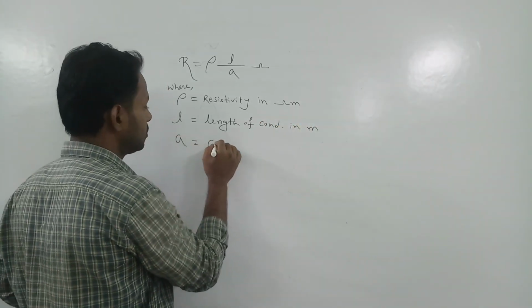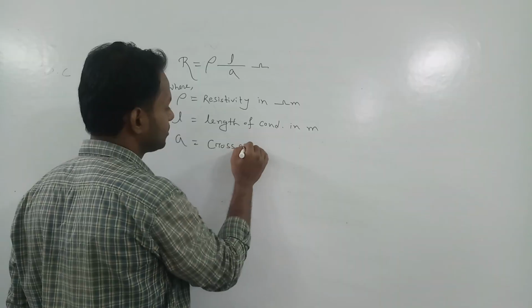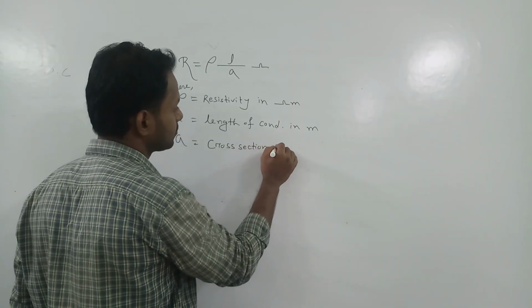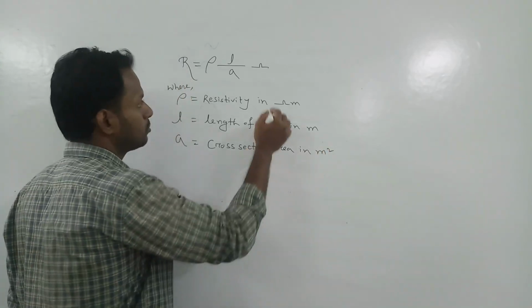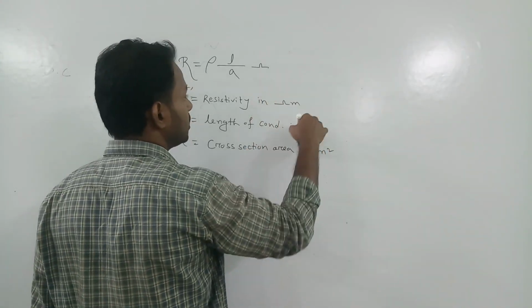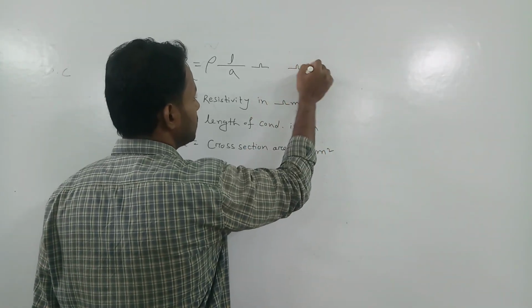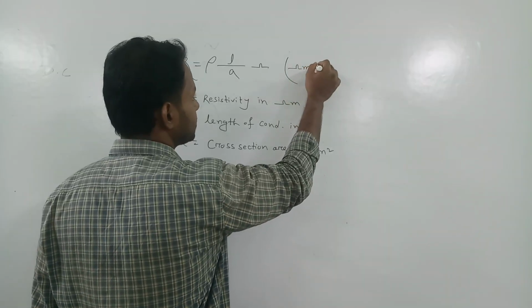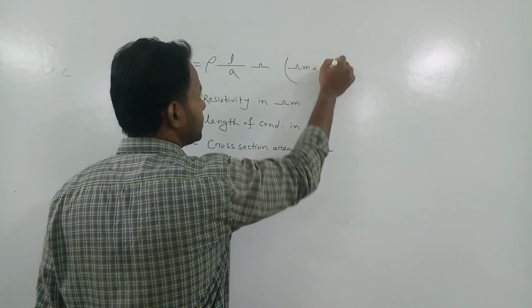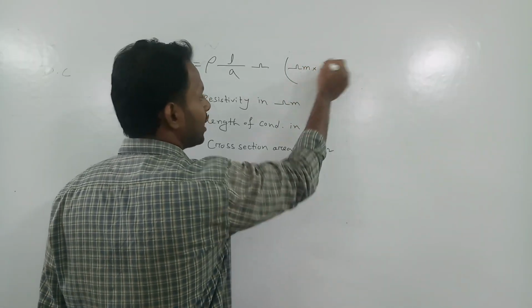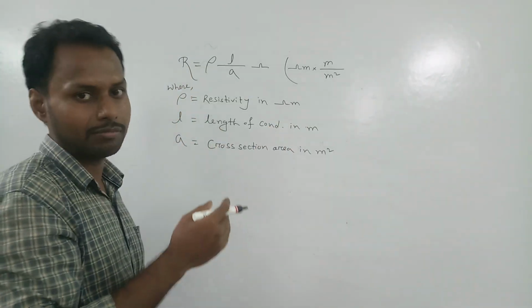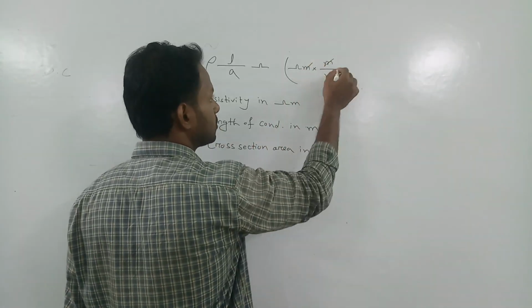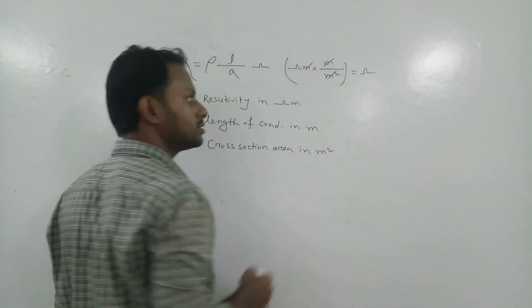A equals the cross-section area in meter square. Now you put the units in this formula: ohm meter, meter, and meter square. In the upper section, meter into meter equals meter square, and the lower section is meter square. They cancel out, and our unit is ohm.